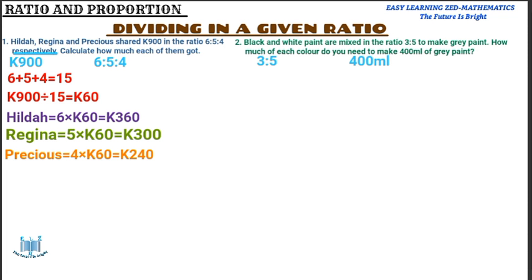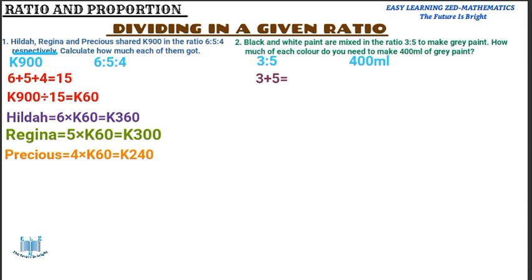Now, once I've given this, the next thing we need to do is find the total shares of this paint which will be made. As you can see, we're going to make 400 mils, and this 400 mils is shared in the ratio of 3:5.